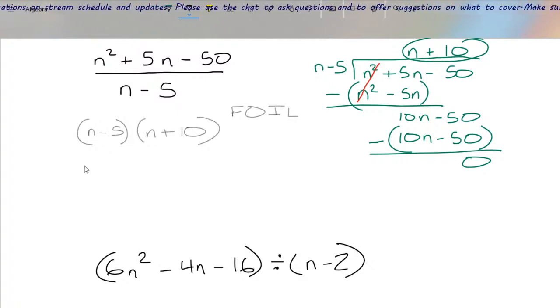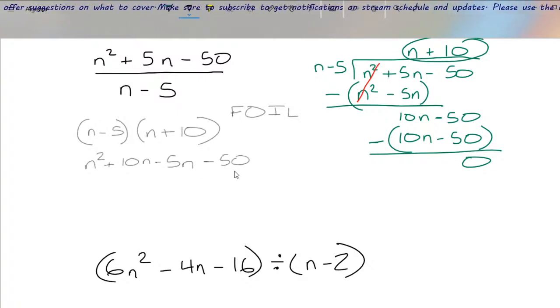So first, n times n is n squared; outer, n times positive 10, positive 10n; inner, negative 5 times n, negative 5n; and then last, negative 5 times 10, negative 50.